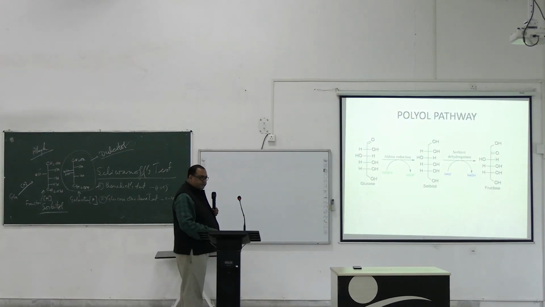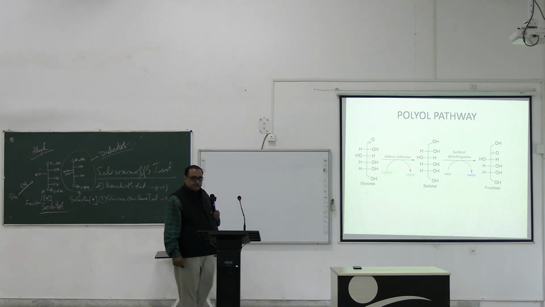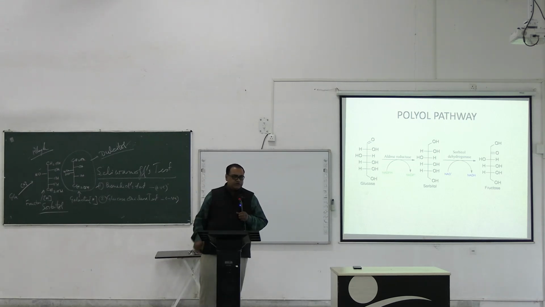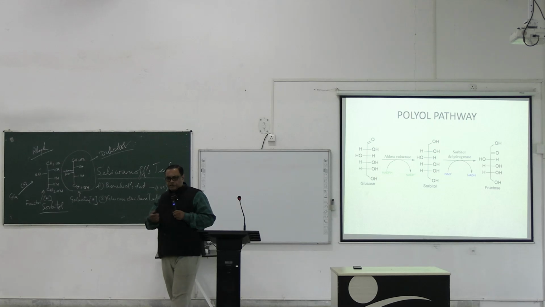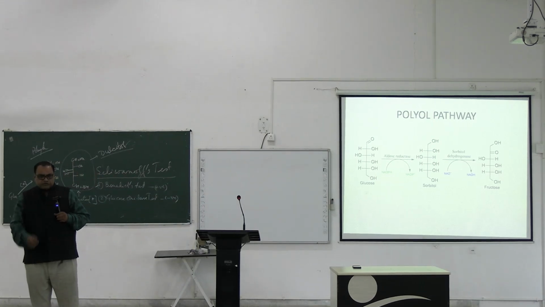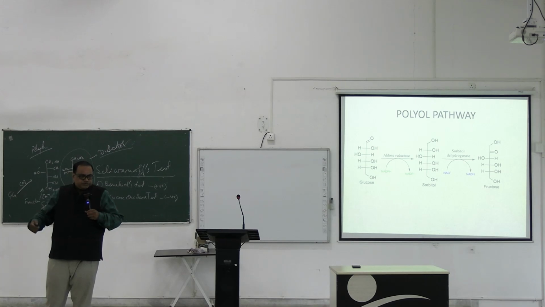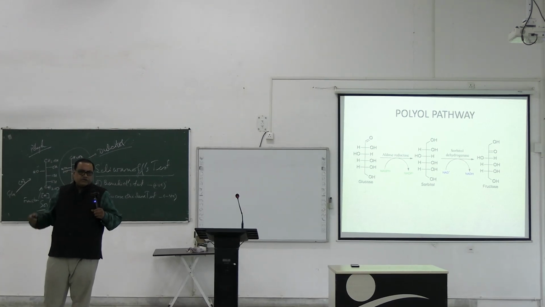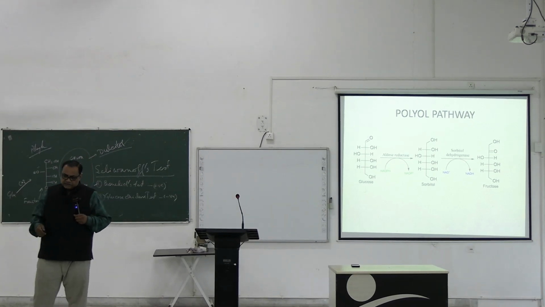Whatever will be more: if glucose is high, as in diabetes mellitus, it will form sorbitol. If fructose is high, it will form sorbitol. If galactose is high, it will form sorbitol. But only a few sorbitol can escape from the lens. The body can cope with a small amount of sorbitol production. If you produce it in huge amounts, then it gets accumulated in the lens.